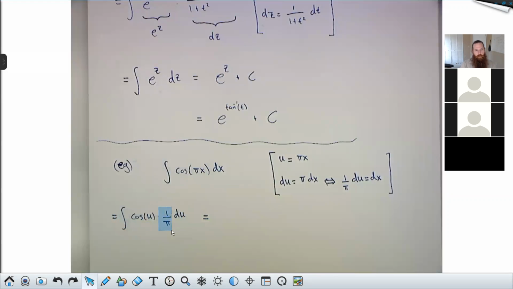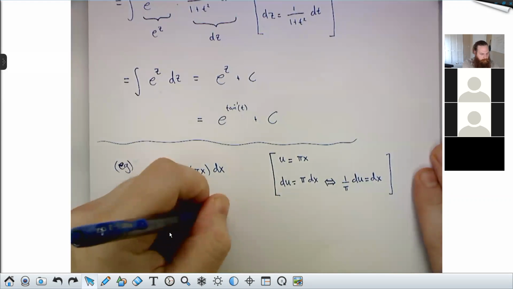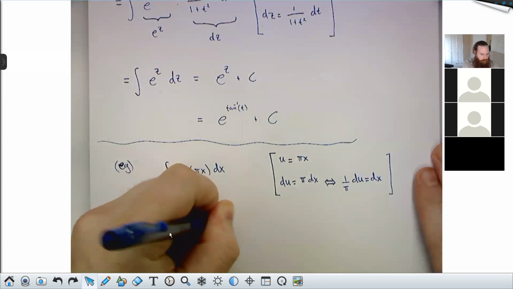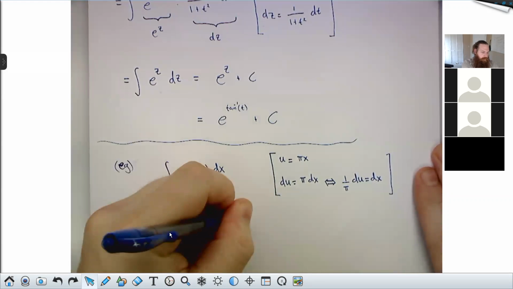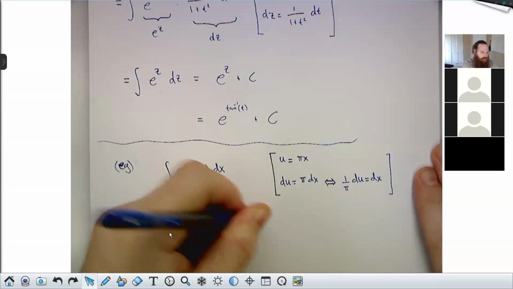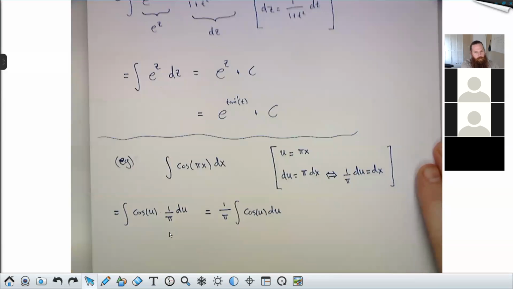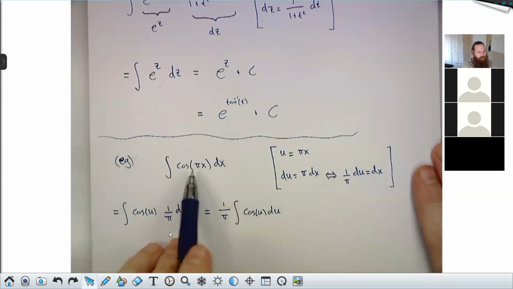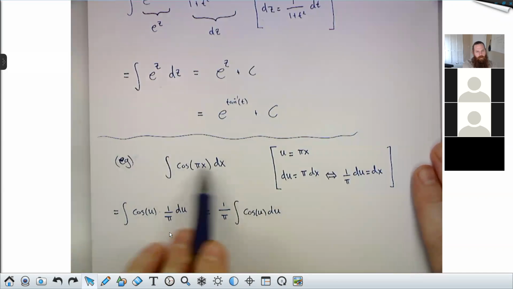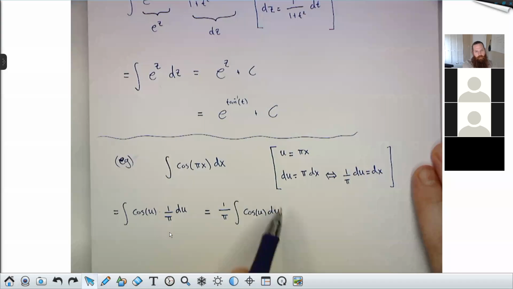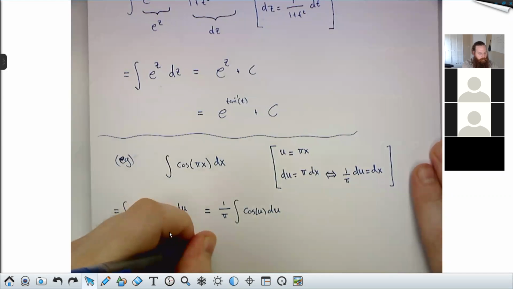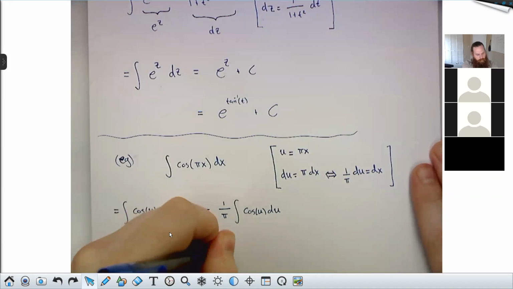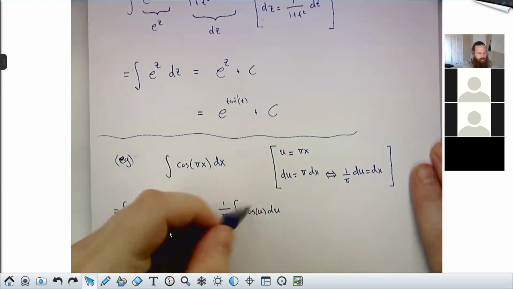What sort of animal is 1 over pi? It's a constant multiple. This is 1 over pi times the integral of cos u du. And remember what we said, if this was only cos x, I know how to integrate regular old cosine. The integral of regular old cosine is sine, right?